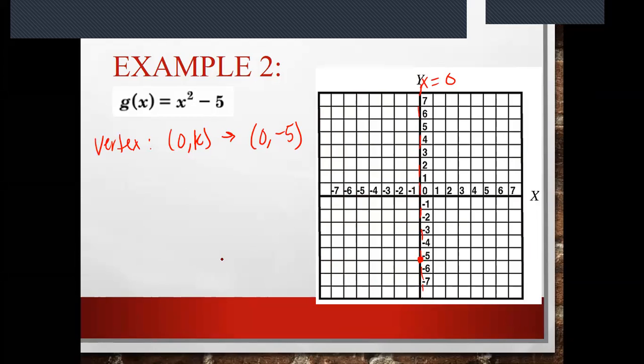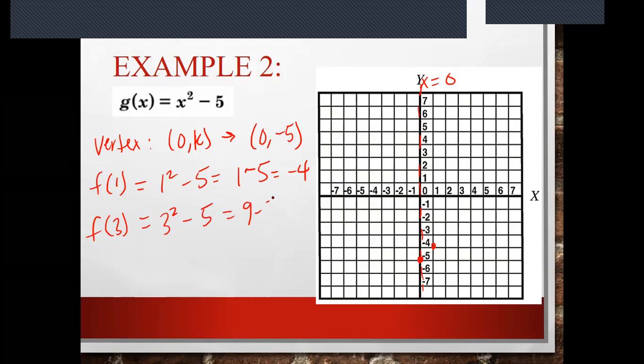Next, I'm going to choose 2 points to the right. I'm going to do f of 1. Why not? It's a small number. 1 squared minus 5 equals 1 minus 5, which equals negative 4. So at 1, I go to negative 4. I'm going to use 3. F of 3 equals 3 squared minus 5, which equals 9 minus 5, which equals positive 4.